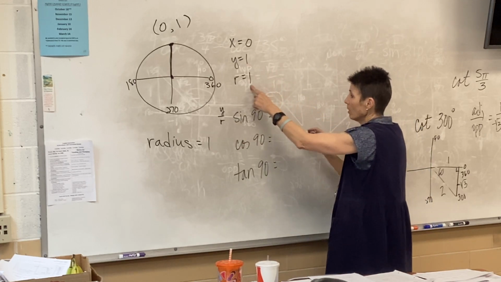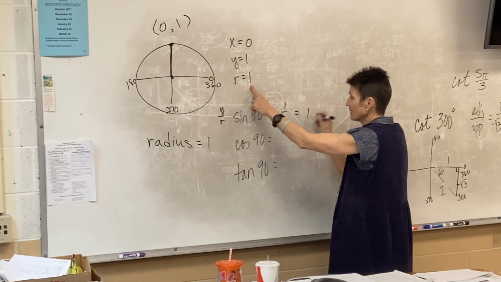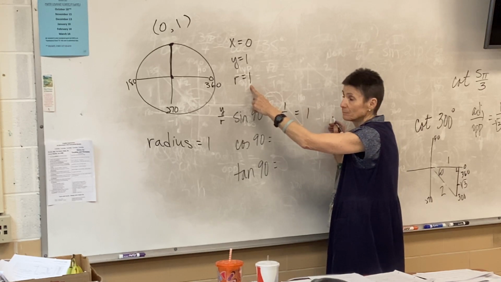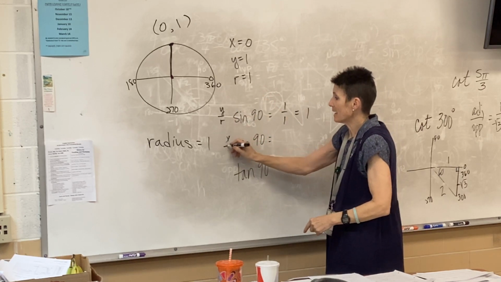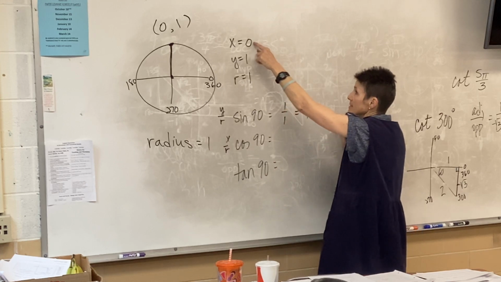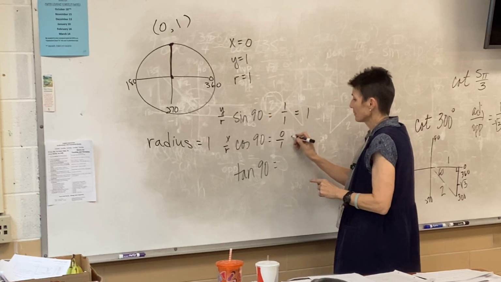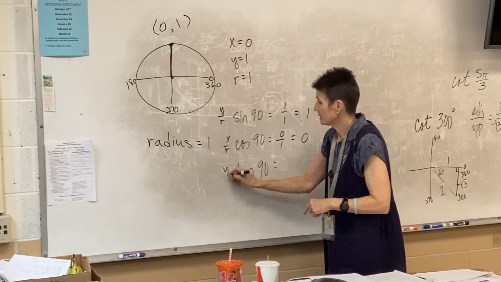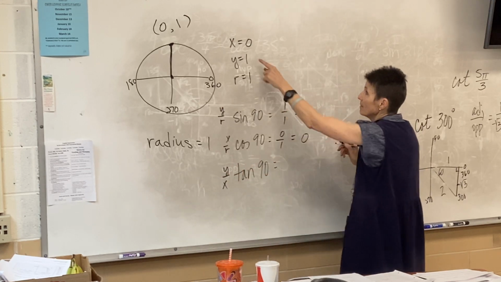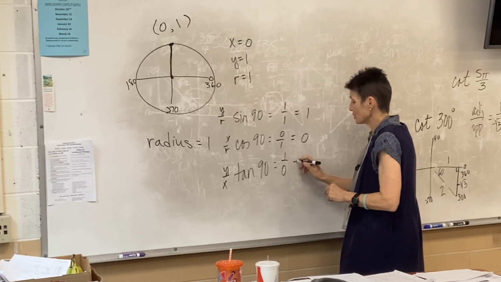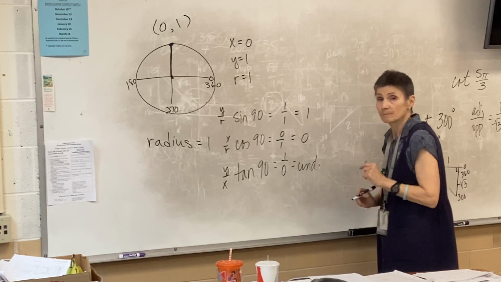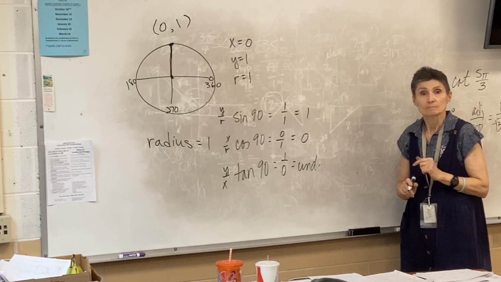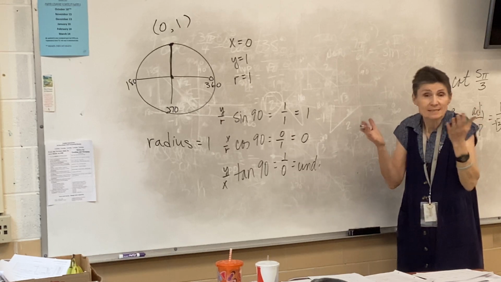Y over r, 1 over 1. That's 1. Cosine is x over r. 0 over 1, that's 0. And tangent is y over x, that's 1 over 0, which is undefined. Done. It's that easy.